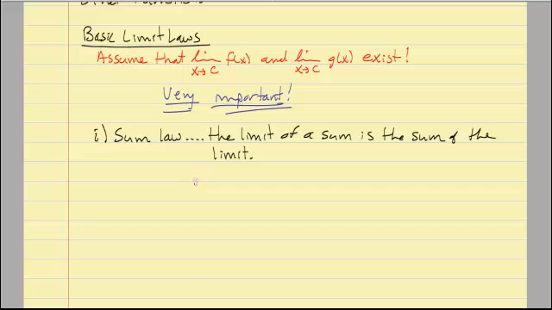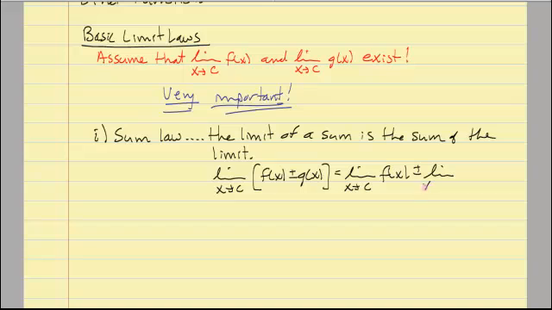The way this formally looks is the limit as x approaches c of f of x plus or minus g of x is equal to the sum of the individual limits taken separately, plus or minus, to show that I could be adding or subtracting here. So the limit of the sum is the sum of the limits. That's usually the easiest way to remember that.